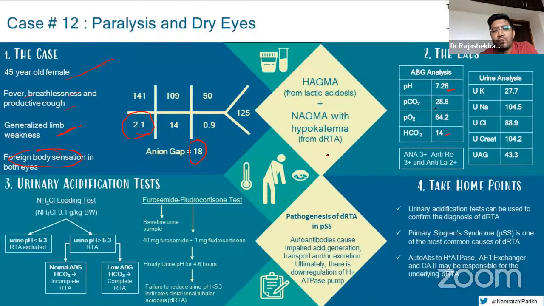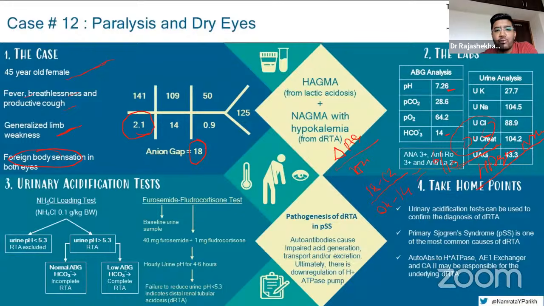To know the coexisting disorder, we need to calculate the delta ratio, that is the change in the anion gap to the change in the bicarbonate. So the change in the anion gap is 18 minus 12, and bicarbonate it is 24 minus 14. So it is 6 by 10, so it is 0.6. Since the delta ratio is 0.6, the patient is having high anion gap metabolic acidosis plus non-anion gap metabolic acidosis.